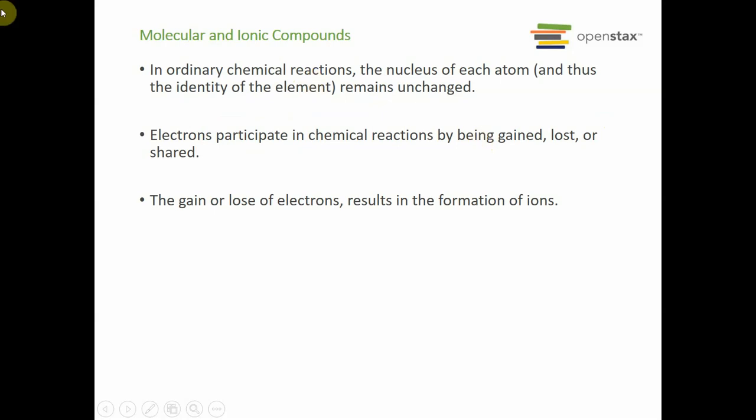Okay, in ordinary chemical reactions, the nucleus of each atom, and thus the identity of the elements, remains unchanged. Electrons participate in chemical reactions by being gained, lost, or shared. The gain or loss of electrons results in the formation of ions, cations or anions.